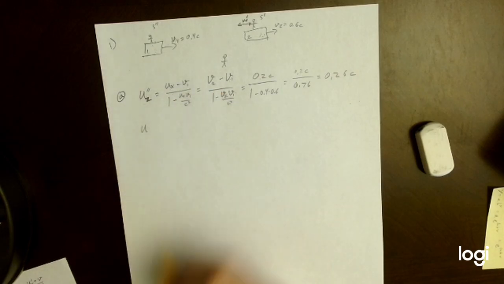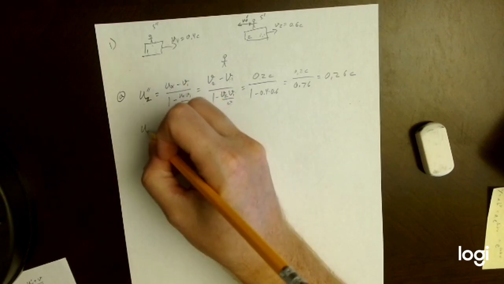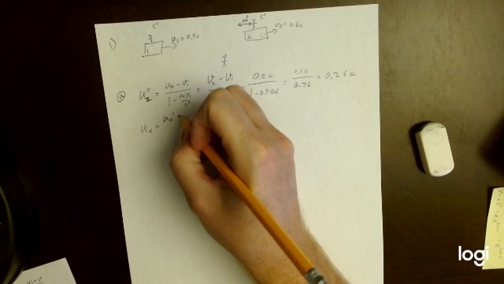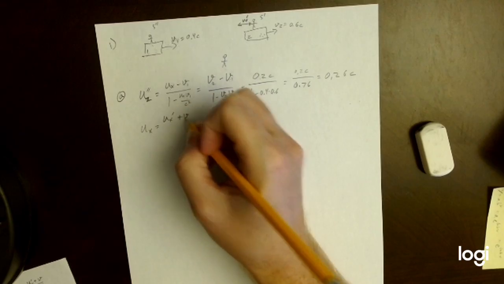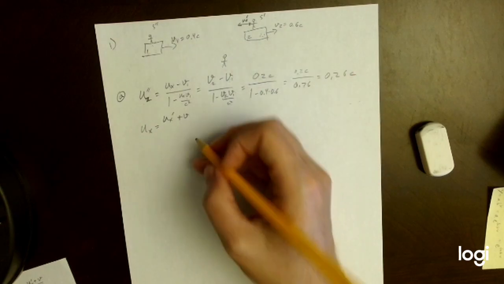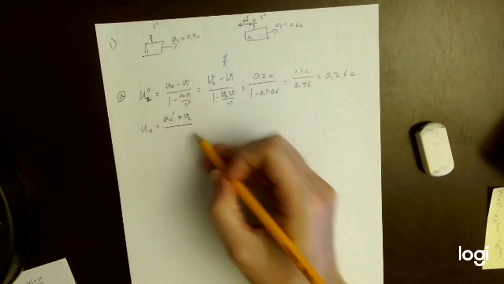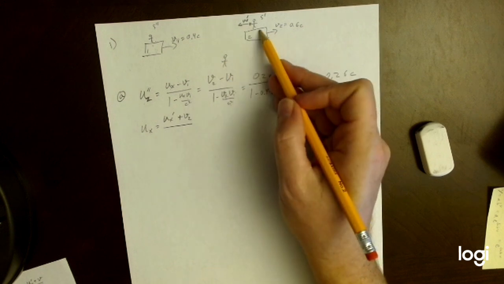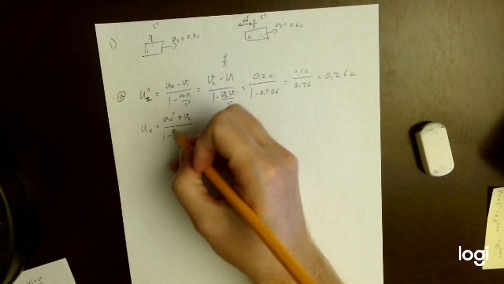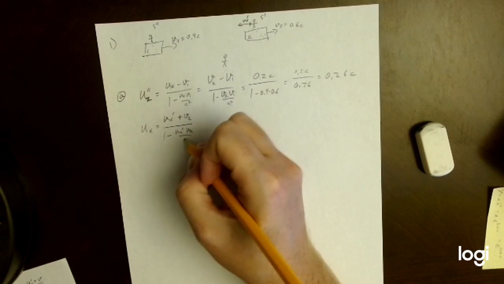u x equals u x prime plus v, over 1 minus u x prime v2 over c squared. This v is the difference between the unprimed frame and the single primed frame, so this is v2.